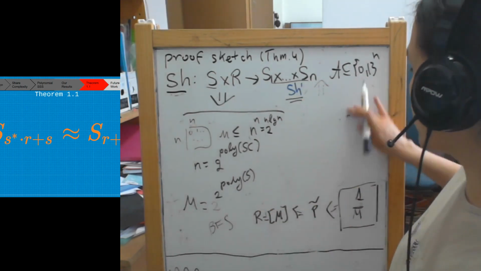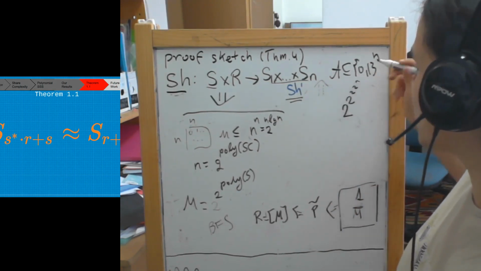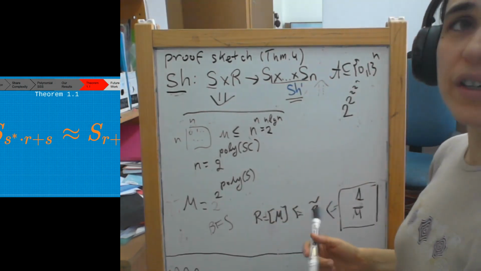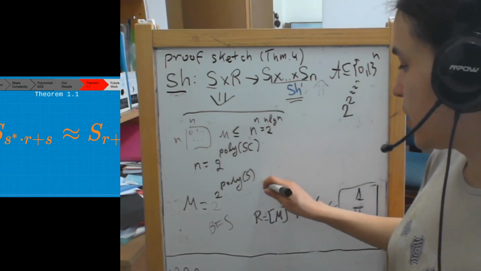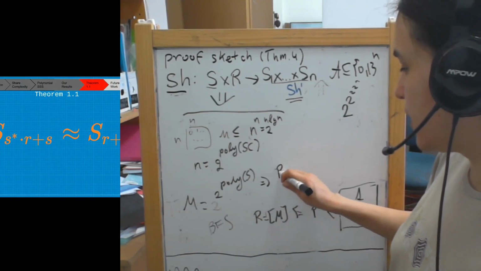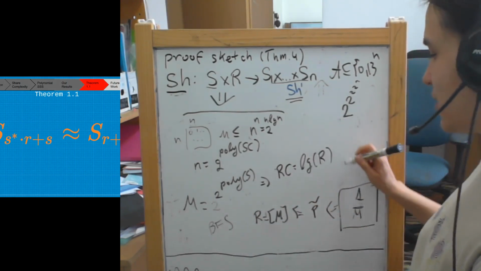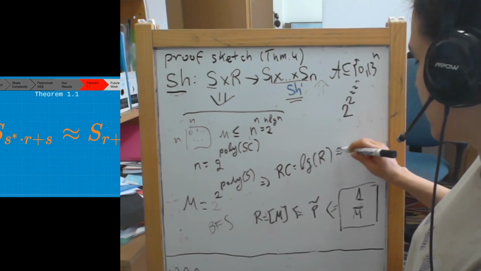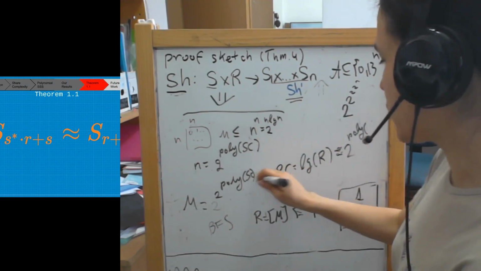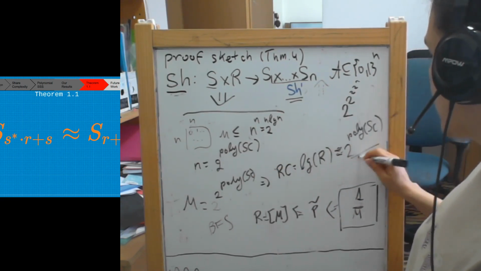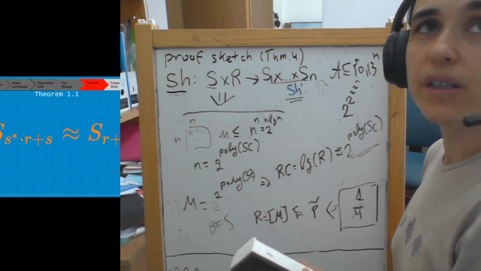So even if we started with a really, really large randomness domain, the randomness complexity is the log of that, right? So now it looks less scary. It's something like 2 to the polynomial in the share complexity, as we claimed, and if we make the precise calculations, we get what is said in the theorem.